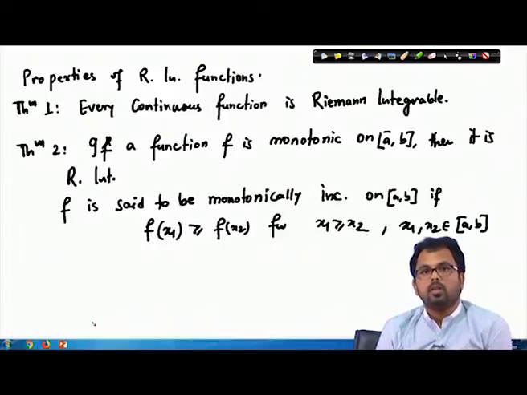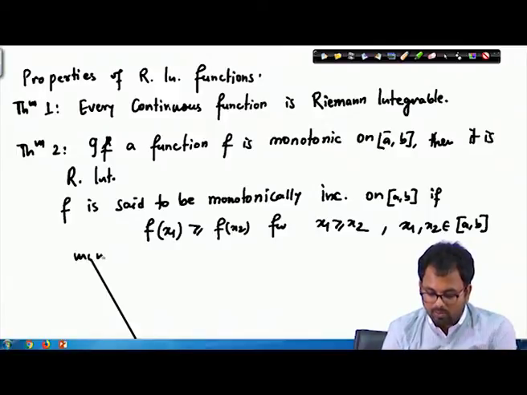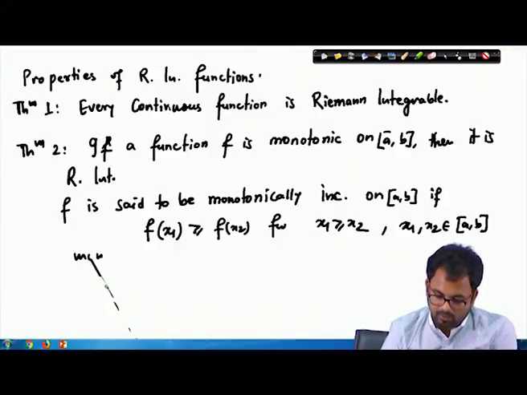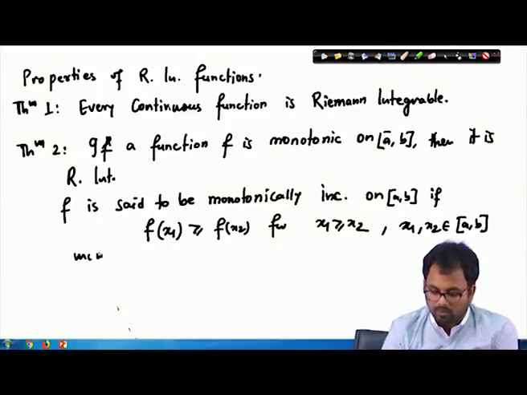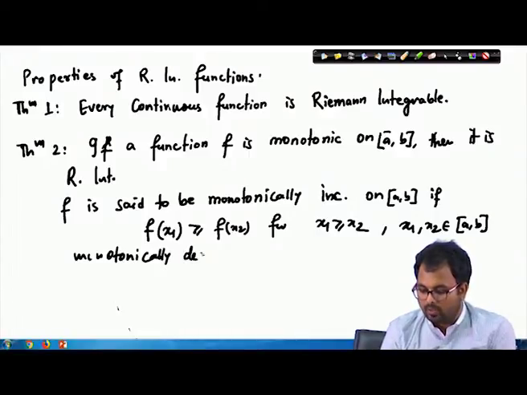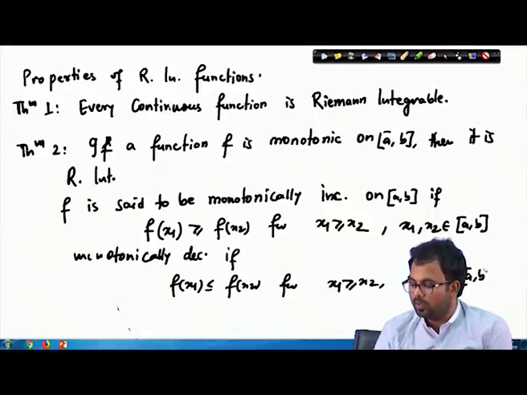Similarly, we can define monotonically decreasing. A function is said to be monotonically decreasing if f(x1) is less or equal to f(x2) for x1 greater or equal to x2, where x1 and x2 are two points in this interval a, b.